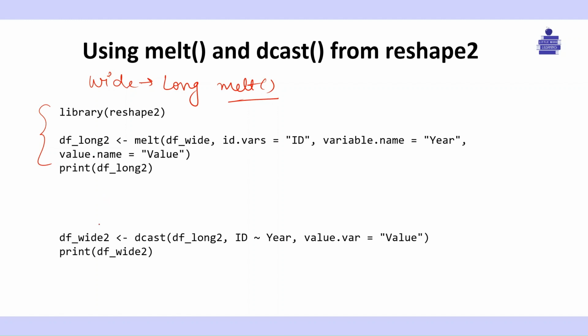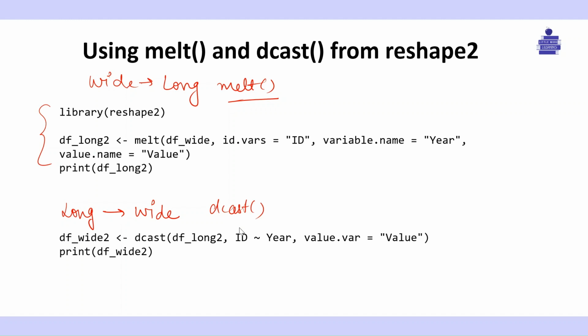And the next statement is for converting long data to wide using the dcast function. tidyr is now preferred over reshape2, but both work efficiently, whereas the new package is more reliable and easy to use as compared to reshape2.